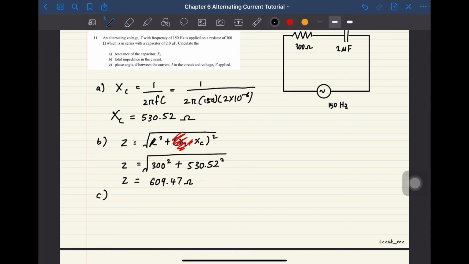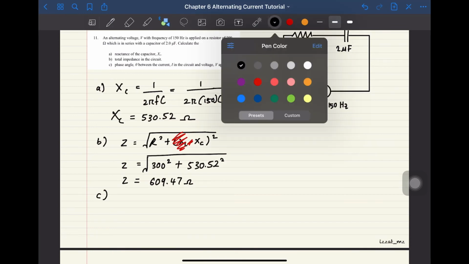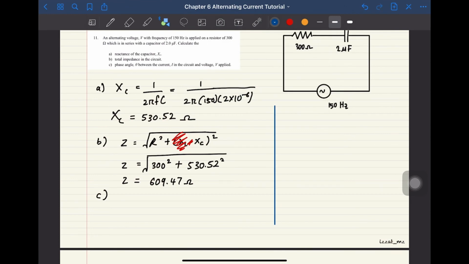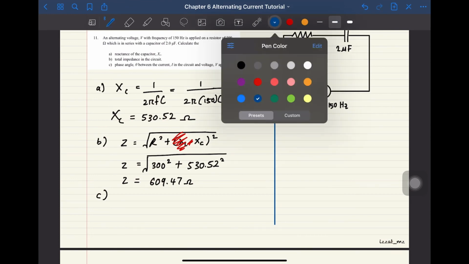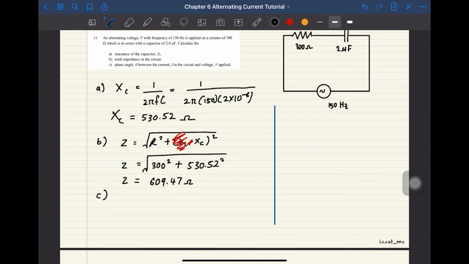Next, they want to find the phase angle between the current I in the circuit and the voltage. Even though the question didn't ask you to draw the phasor diagram, in this case it will help if you draw. So maybe I can draw the phasor diagram first. You have VR, and then you have VC.